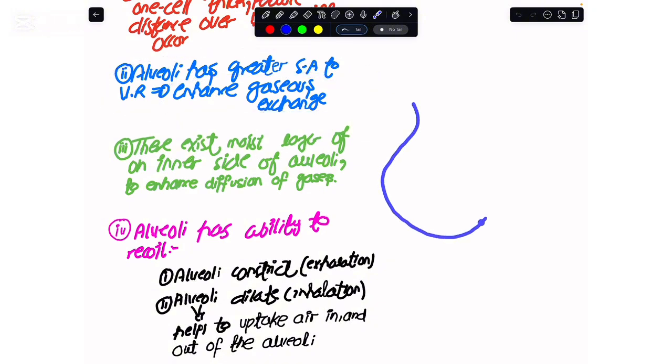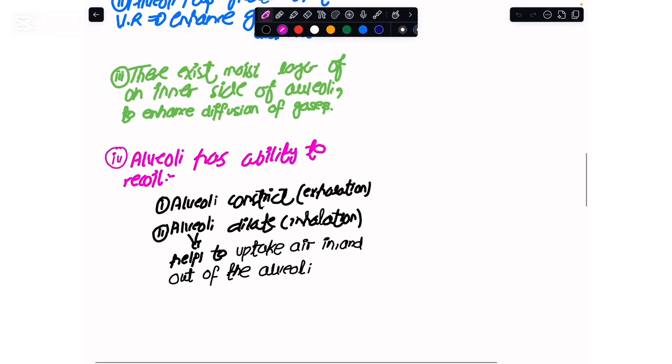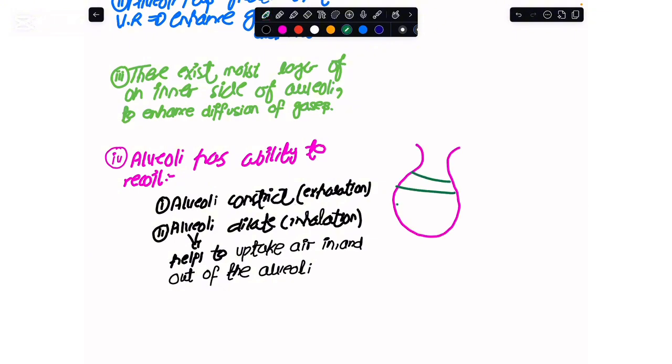The third point is that on the inside of the alveoli we have a moist layer of water, and that moist layer again enhances the diffusion of gases between the alveoli and the surrounding blood capillaries. Moving onward, on the outside the alveoli have some fibers surrounding them, and these are elastic fibers.